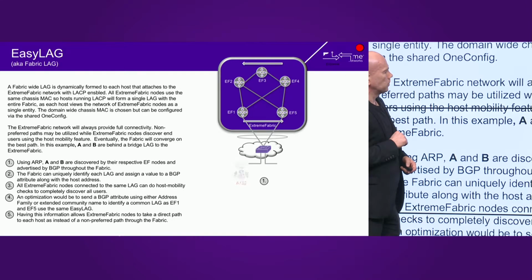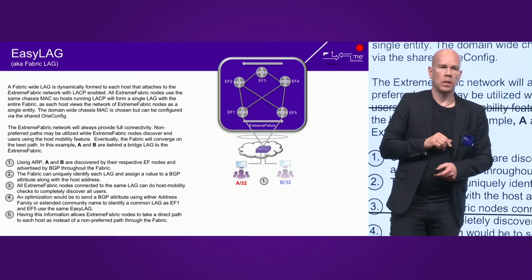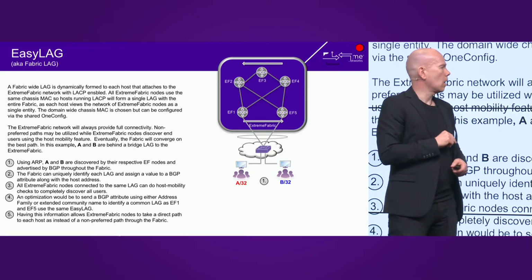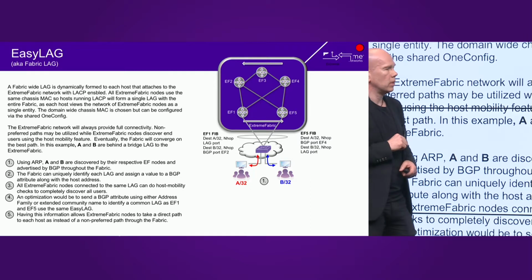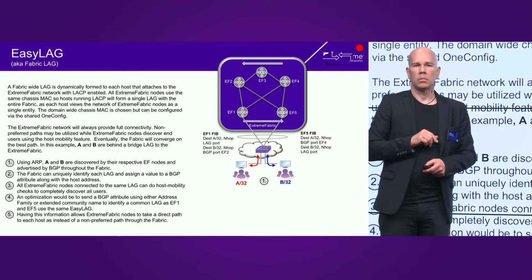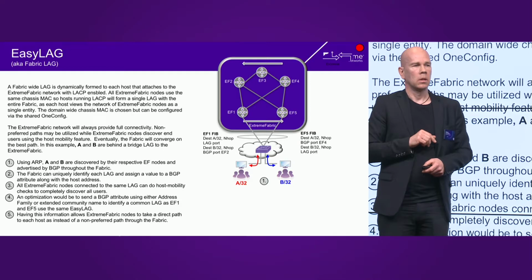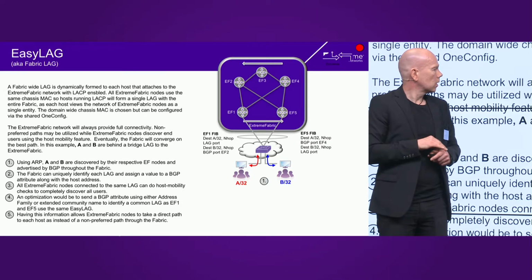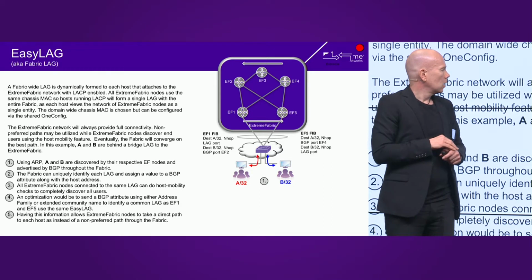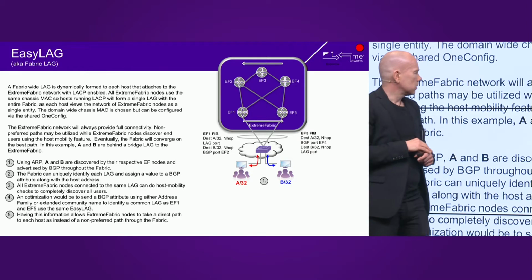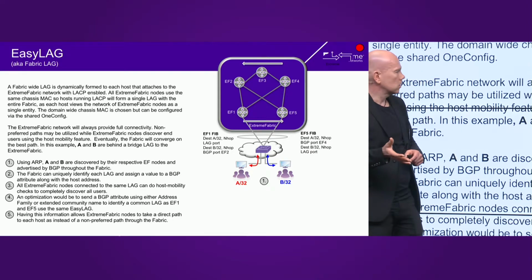So going to this gives you an example of 2 hosts connecting in, A and B, to the fabric. Now, obviously, the first thing you're going to have is your FIBs, your forwarding information base. So if you look at fabric node 1, you would have for destination A/32, once again, it's a host route, the next hop being the LAG port, for destination B/32 being a host route, next hop being the BGP port EF2.